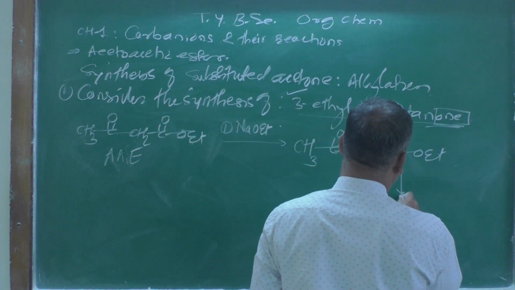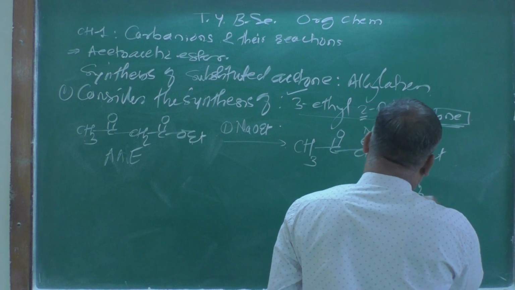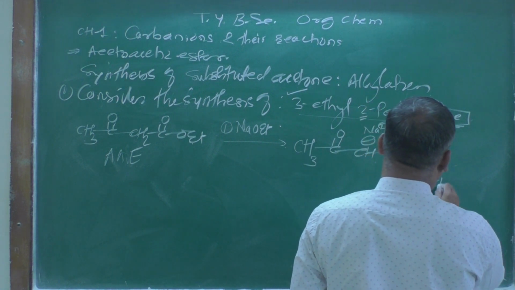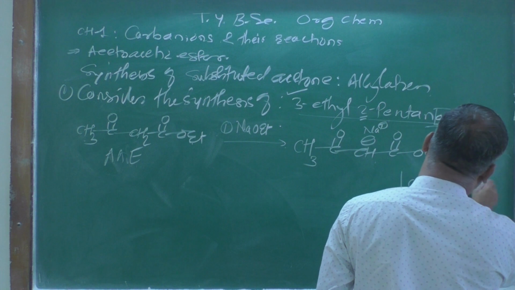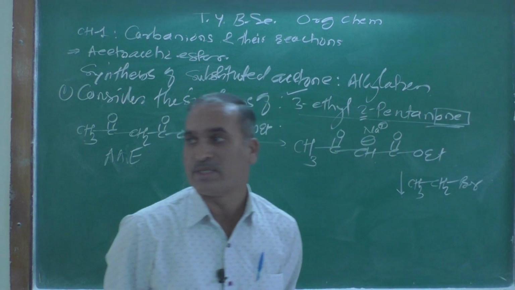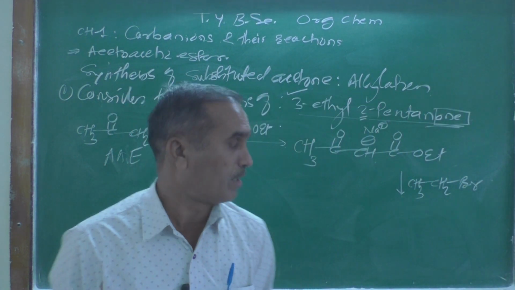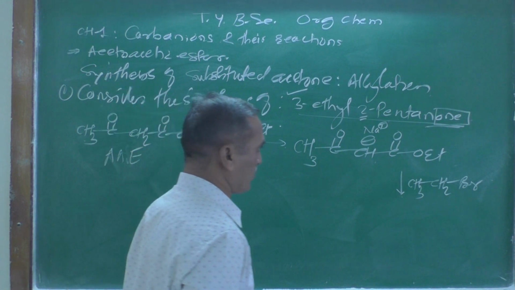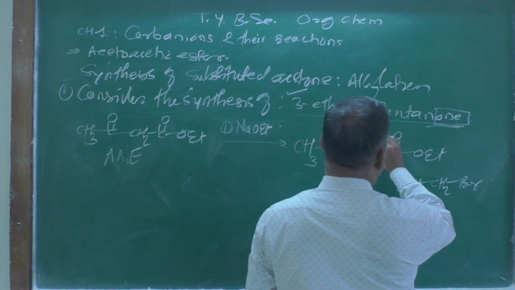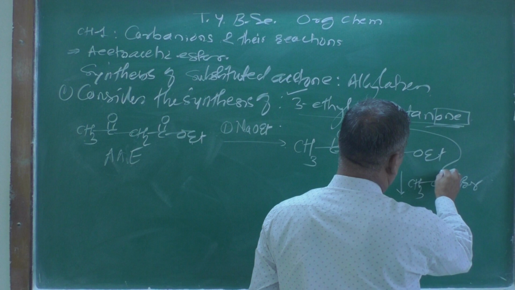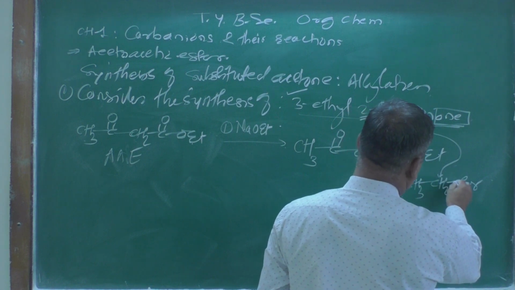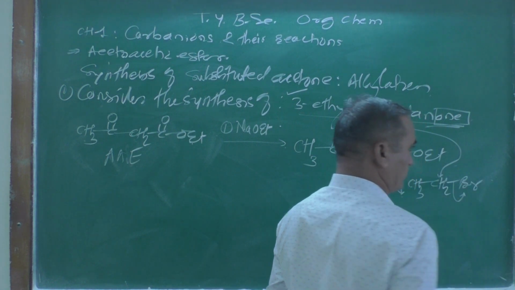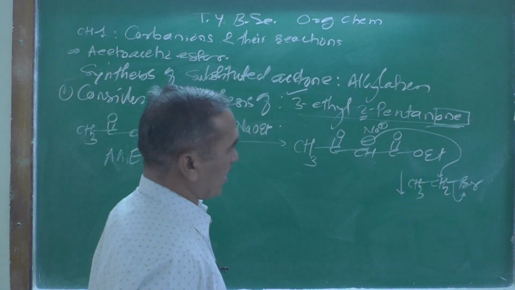Now in the next step, what is going to happen? Then CH3 CH2Br. This is ethyl bromide. We are carrying out ethyl bromide alkylation. Here this negative charge attacks that CH2, and the Br is the leaving group.